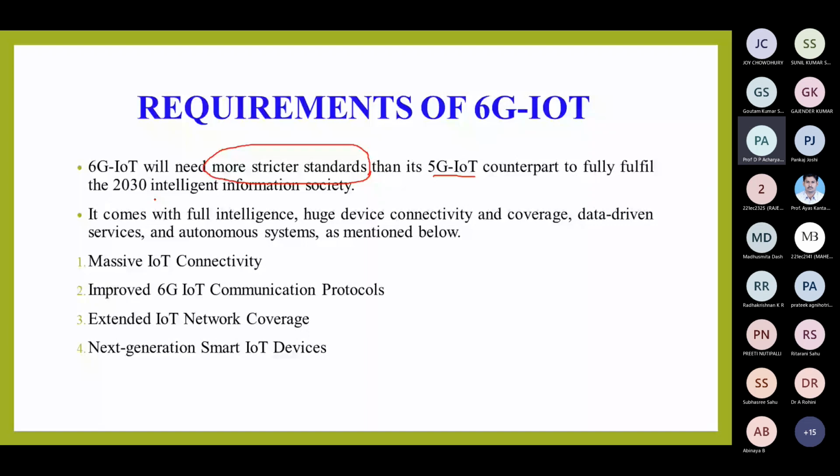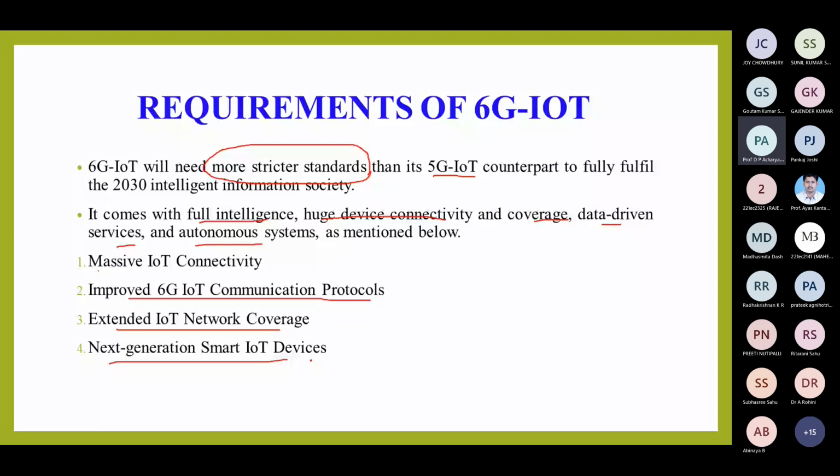So it will come with full intelligence, huge device connectivity, coverage, data-driven services, then autonomous systems. So there will be massive IoT connectivity, improved 6G IoT communication protocols, then extended IoT network coverage, then next generation smart IoT devices. These are the requirements of 6G IoT.